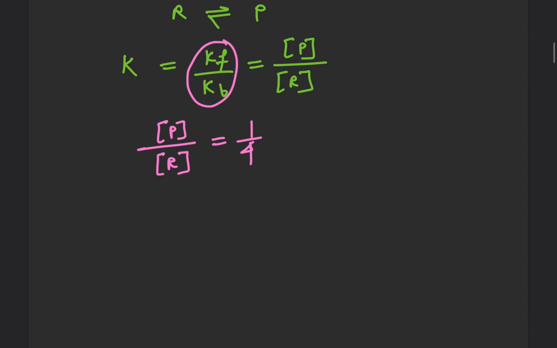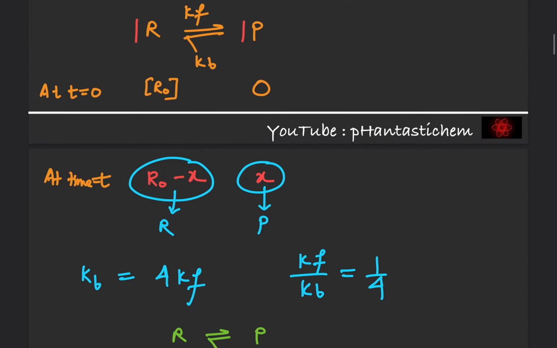At time t equal to 0, you can see the sum of the concentrations of R and P is R naught plus 0, that is R naught. And at time t, the sum of the concentrations of R and P is R naught minus X plus X, which is again R naught.